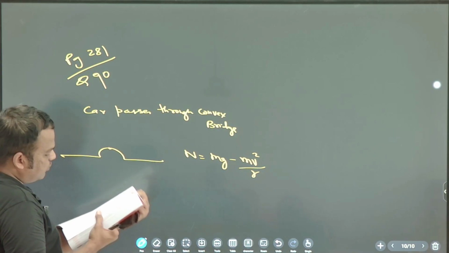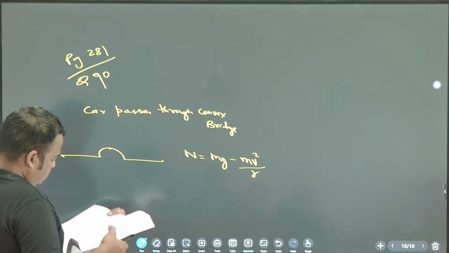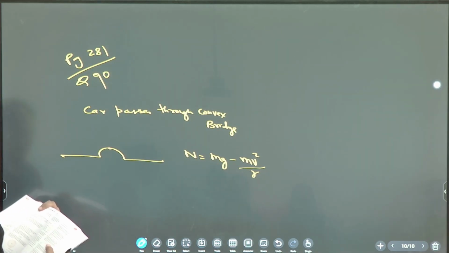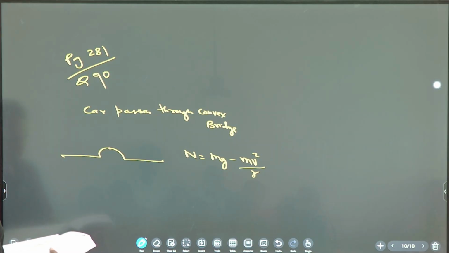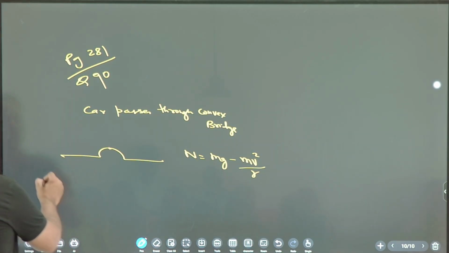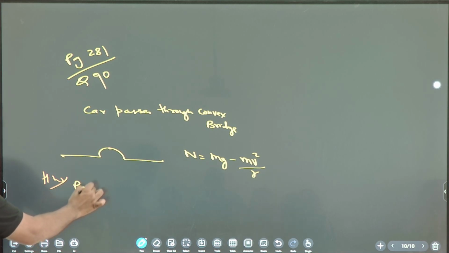Okay, coin and rotating table. Next topic, coin and rotating table. And homework also you write down. This page 283.